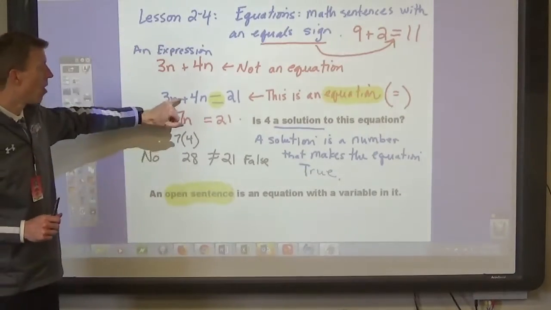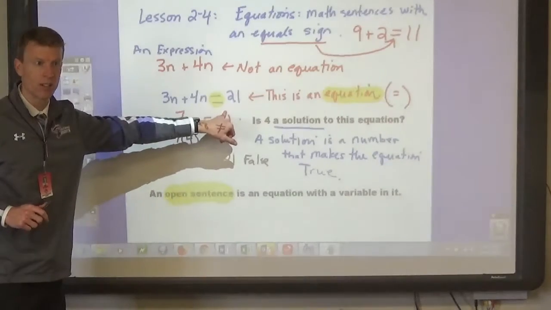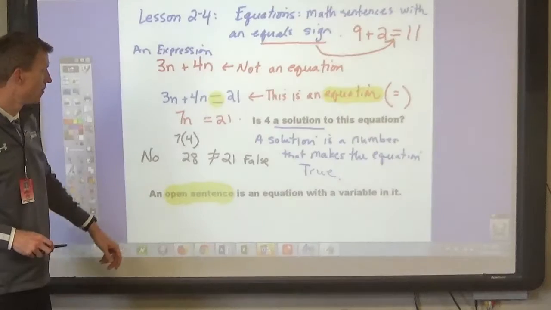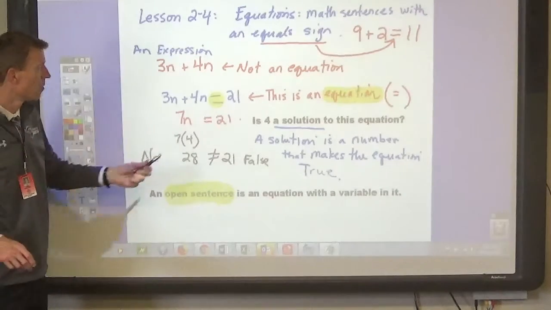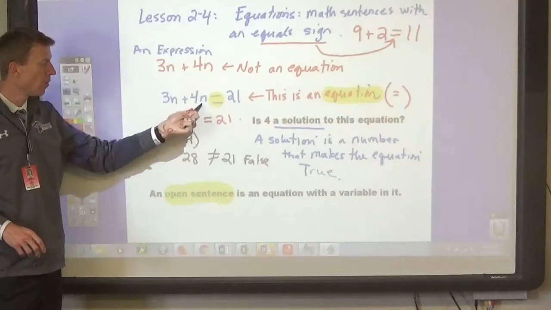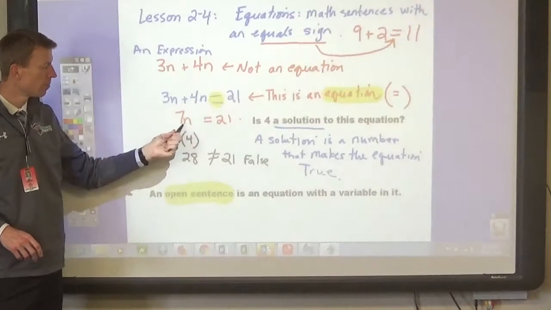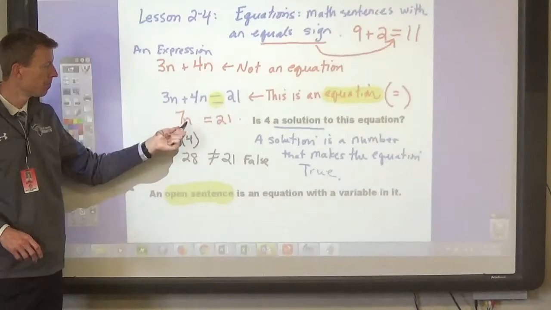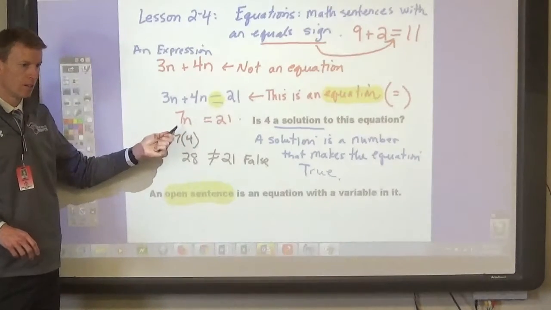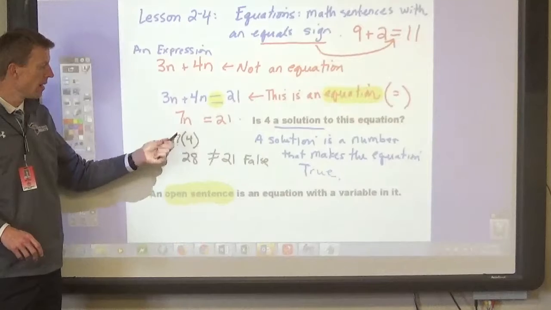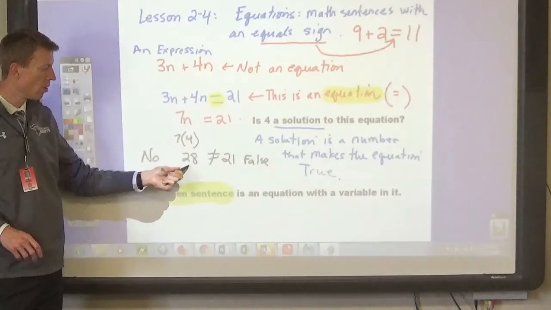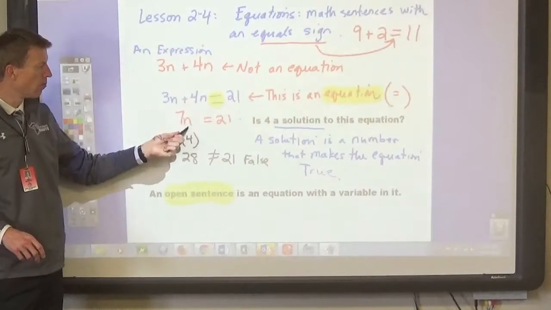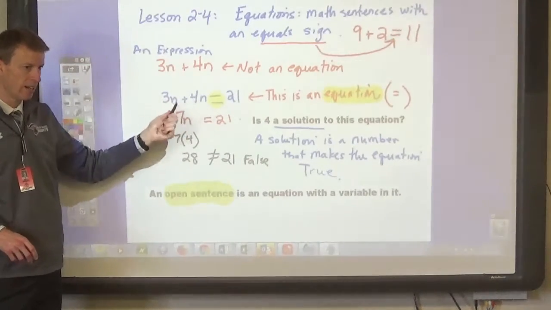Now, it doesn't always mean equal. It might be a true equation, or it might be a false equation. For example, if this says 3n plus 4n equals 21, and then you substituted in the number 4 for n, and then you tried it, it says 7 times 4 is 28, because if we put 4 in place of n, you get 28.